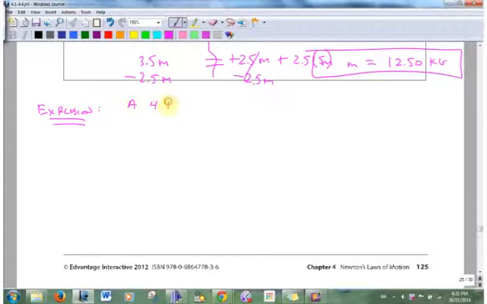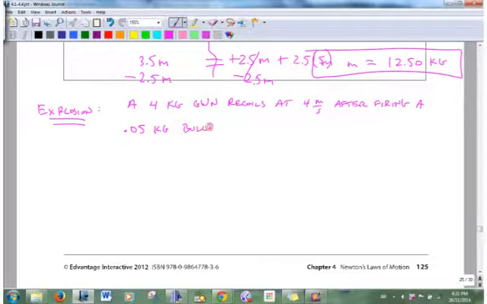A 4 kilogram gun recoils. Do you guys know what that term means, recoil? If you've shot a gun, you know how it feels. The more powerful the gun, the more you feel it. After firing a 0.05 kilogram bullet, what is the speed of the bullet?